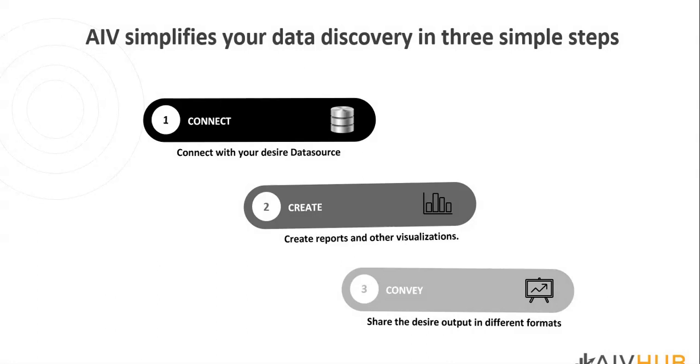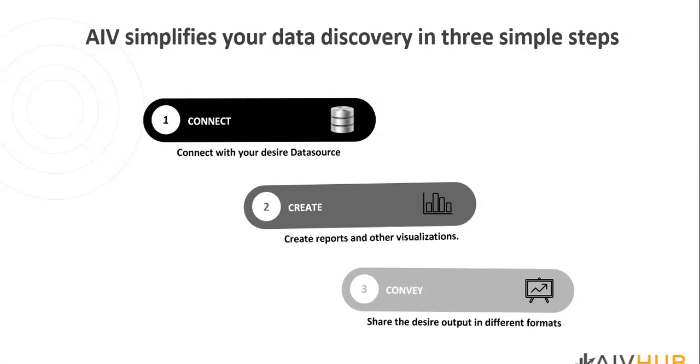To get the insights of your data, you just need to follow three simple steps: connect, create, and convey. When I say connect, you can actually connect any of your desired data sources. It can be a flat file, MongoDB, IoT data, any RDBMS, any Spark file, or cloud data.